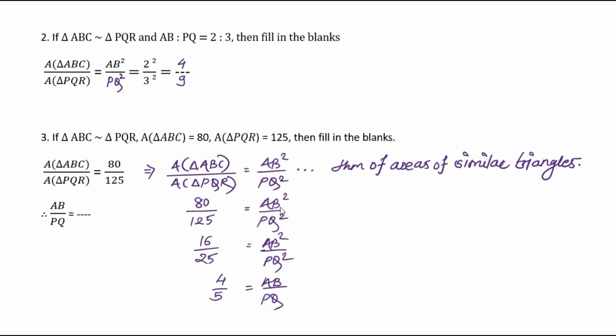See this, here they have asked AB upon PQ and we got AB upon PQ is equal to 4 by 5. So 4 by 5 is the answer.